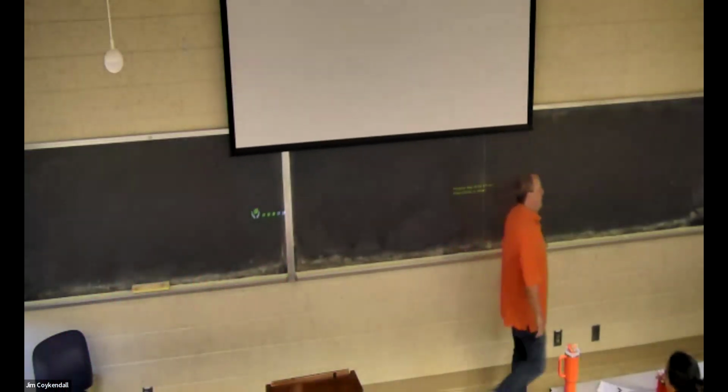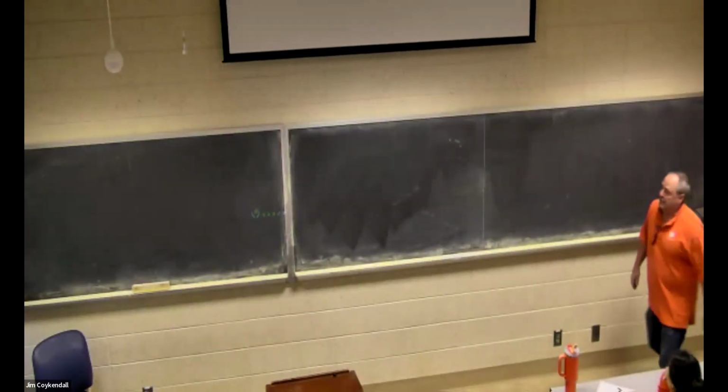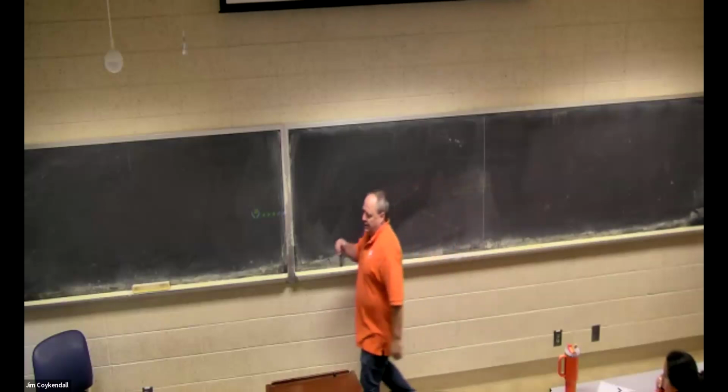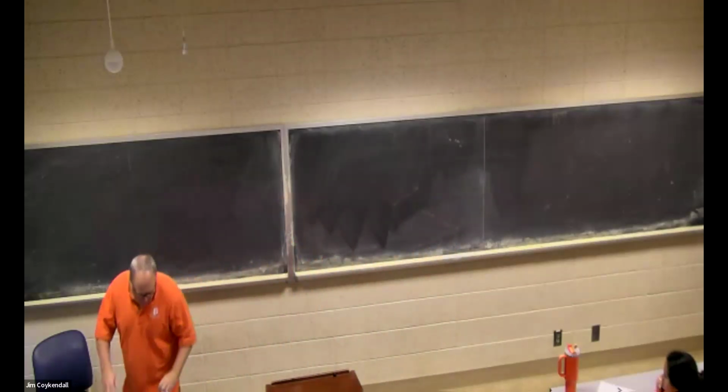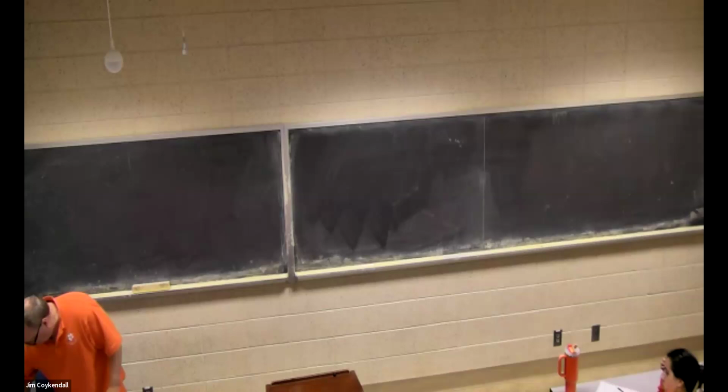Okay, so I did use the word normal a lot when I talked about this problem set. So I guess the best thing is to tell you what a normal subgroup is.